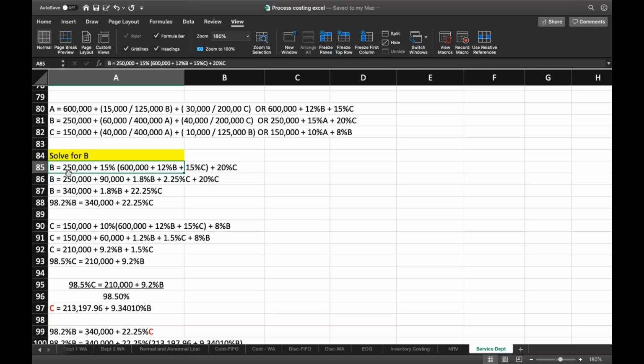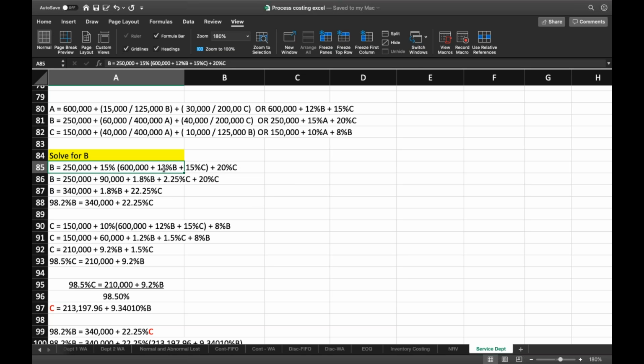So if B is equal to 250 plus 15% of A, and A is equal to 600,000 plus 12% B plus 15% C, as stated above, this is the only variable that we have to replace, A first. We will not replace C. Again, we replace one variable at a time.